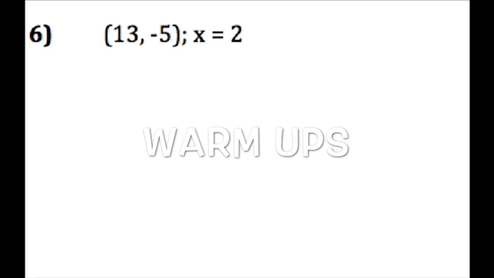Okay, number 6, we have x equals 2. The slope of the line x equals 2 is undefined. And we know that the slope of a line that's perpendicular to that vertical line is the slope of a horizontal line, which is m equals 0.